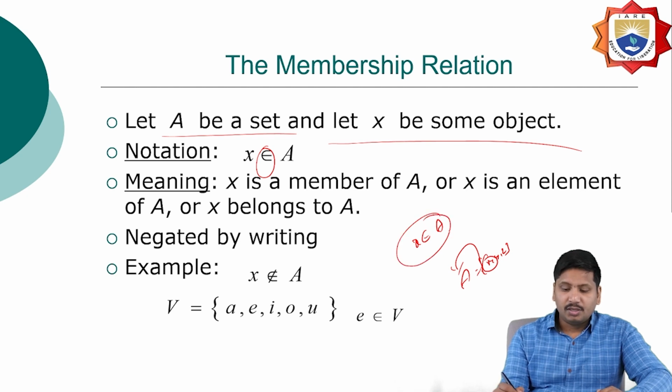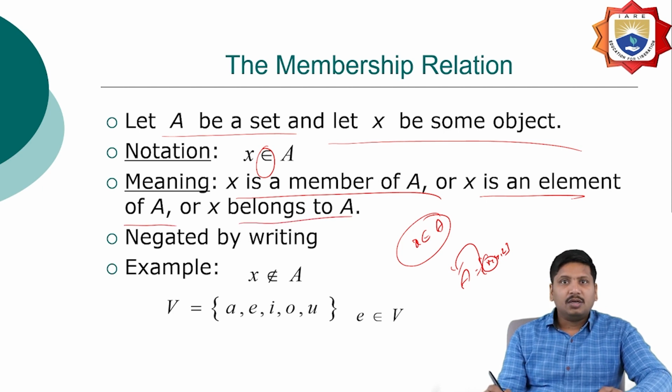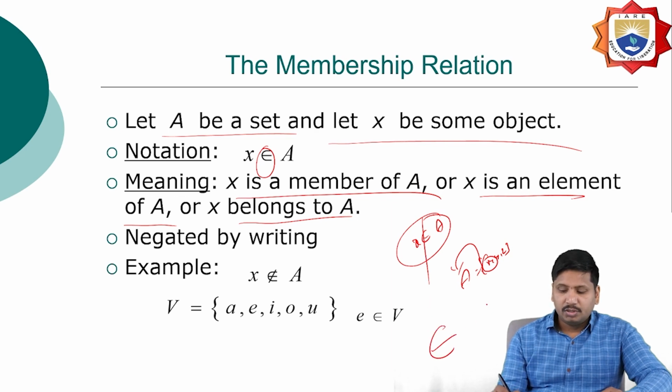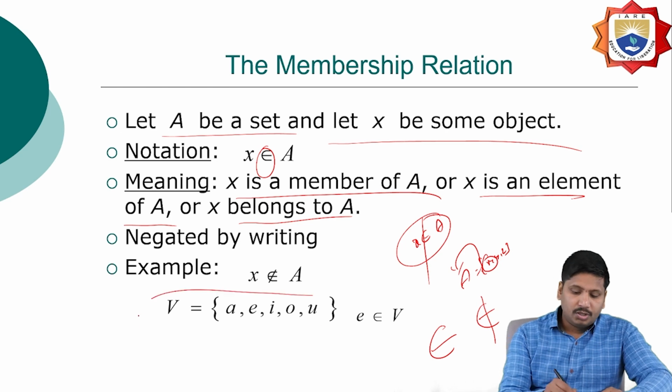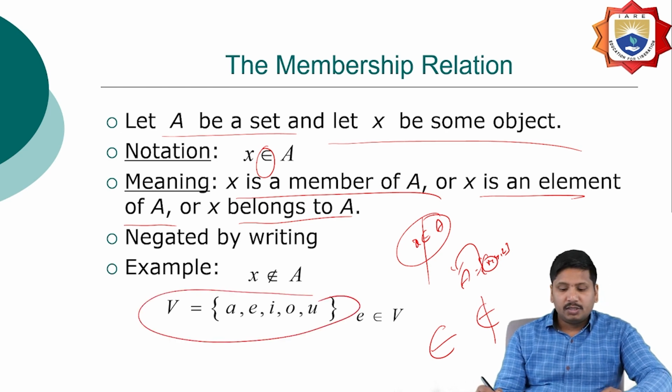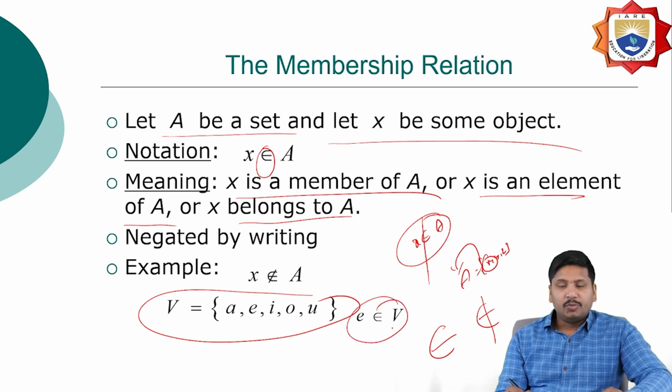X belongs to A, or x is a member of A, or x is an element of A. Like this, we can make the convention. And for negation, suppose the element does not belong to A, then I have to represent it like this: the belongs symbol with a slash, meaning does not belong to. Here we have an oval set, where e is an element of the set, so I write e belongs to E.